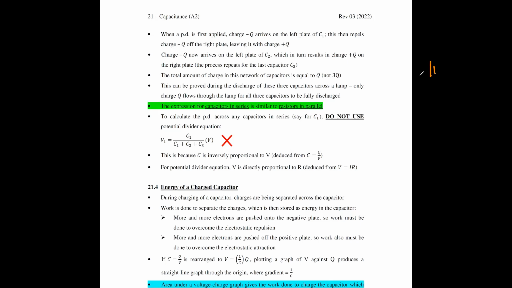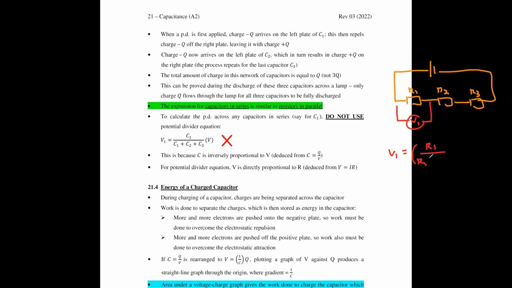If you remember your potential divider equation, where we told you that you have R1, R2, and R3, if I were to ask you to find out the PD V1 across resistor R1, you have automatically told me V1 is R1 over R1 plus R2 plus R3 times your V in, right? This is what you are very used to doing in your AS.